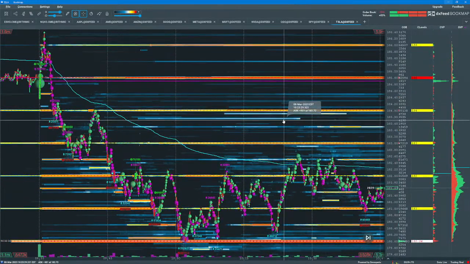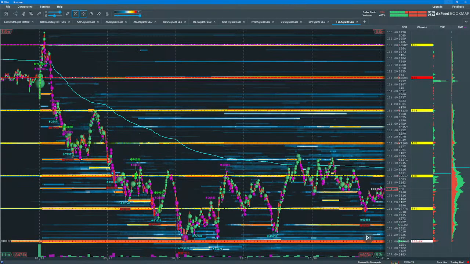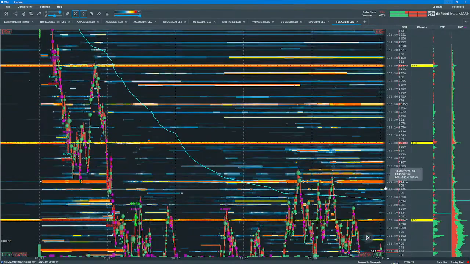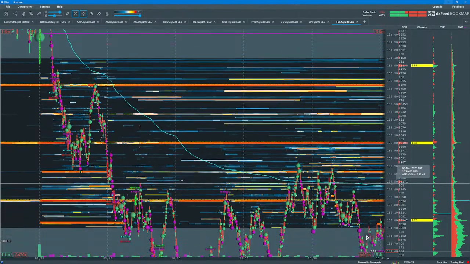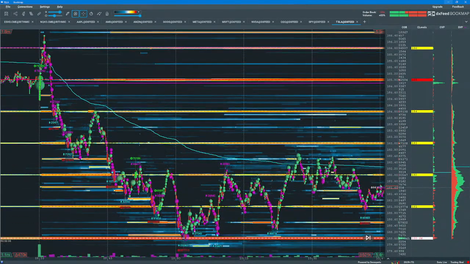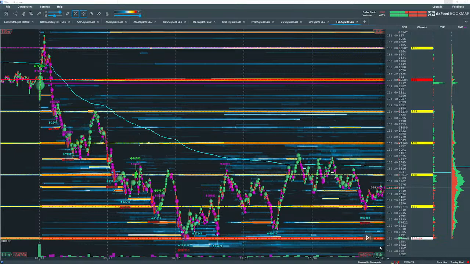Options traders were taking negative delta positions, and then there's a clear target at the 180 put wall. Sorry about that. Wrong tool. Okay, the 180 put wall, notice all the liquidity there and the absorption at that level.